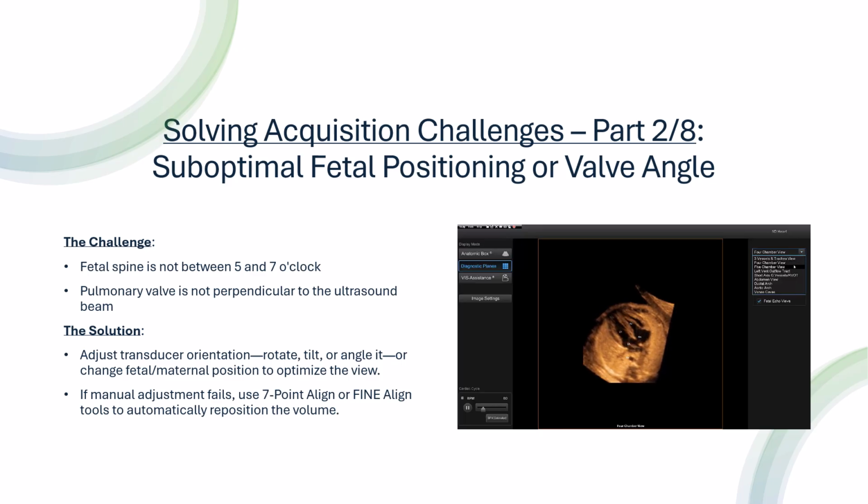These views are after realigning. This was a spine at 5 o'clock. The system displaced it into a spine at 6 o'clock to have the most optimal representation of the cardiac anatomy.